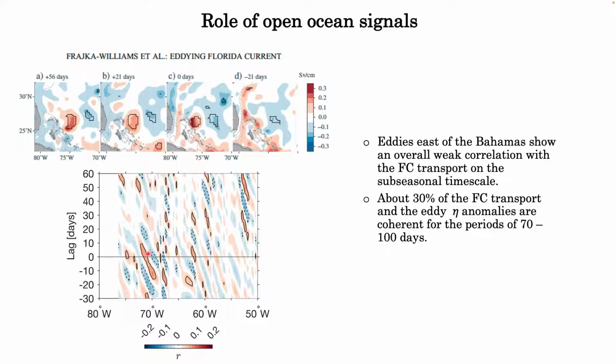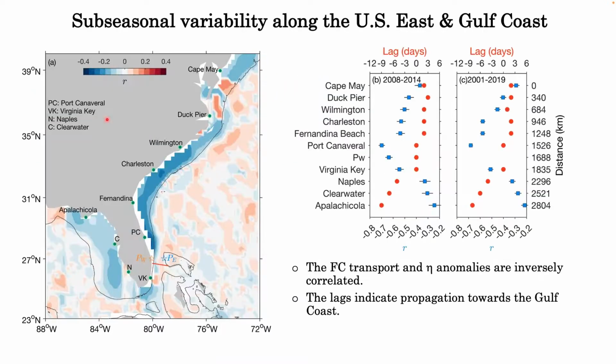The physical processes that explain this weak correlation, I don't know, but there's a nice paper by Dominguez et al., Dominguez and John, I'm not sure, back in 2018, if I recall correctly, that these Antilles currents to the east of the Bahamas act as a semi-permeable barrier for these eddies to transmit through the Florida Strait.